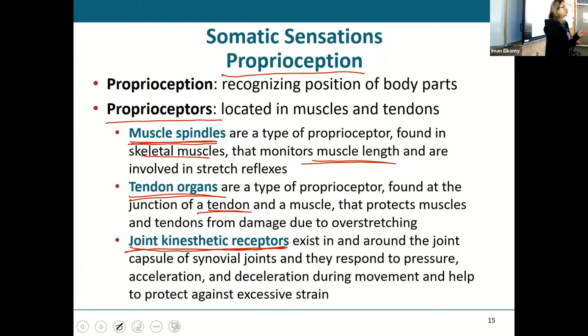Okay, so you actually have little proprioceptors inside of your joints and around your joints to tell your body what it's doing. So all three of these, your muscle spindles, your tendon organs, and your joint receptors will all feed this information to your cortex so that you have awareness of what every part of your body is doing as far as movement and position. Cool? Okay.